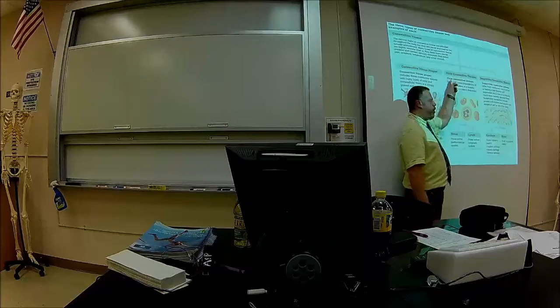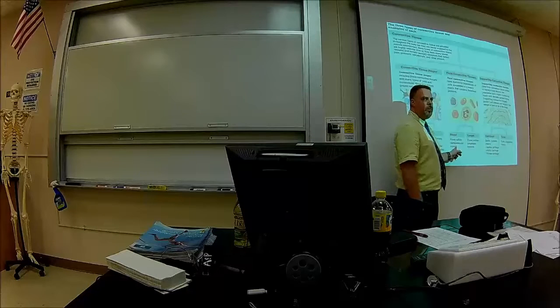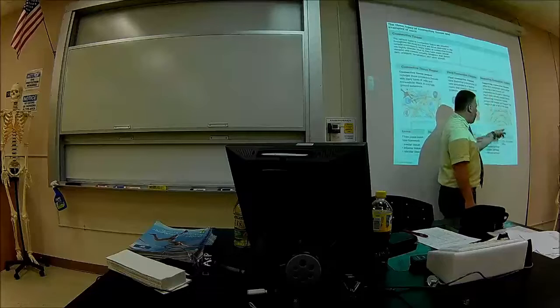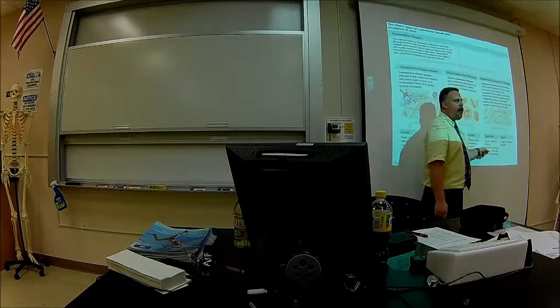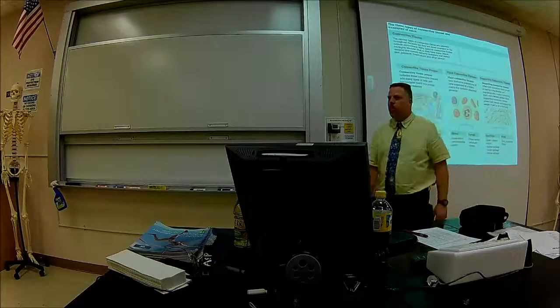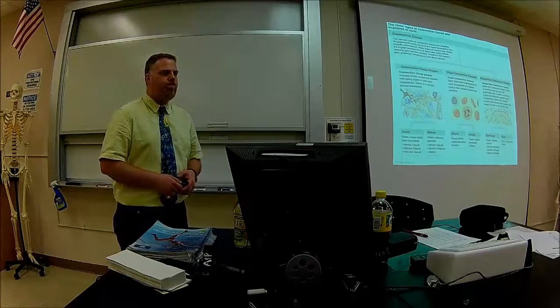Fluid connective tissue can either be blood or lymph. We're going to focus on blood. Supportive connective tissue can either be bone or cartilage. And in cartilage, there's 3 different types. So it's very compartmentalized, very organized for you.